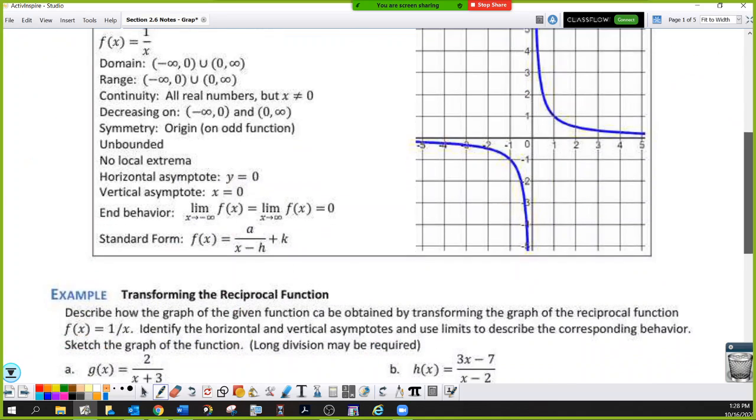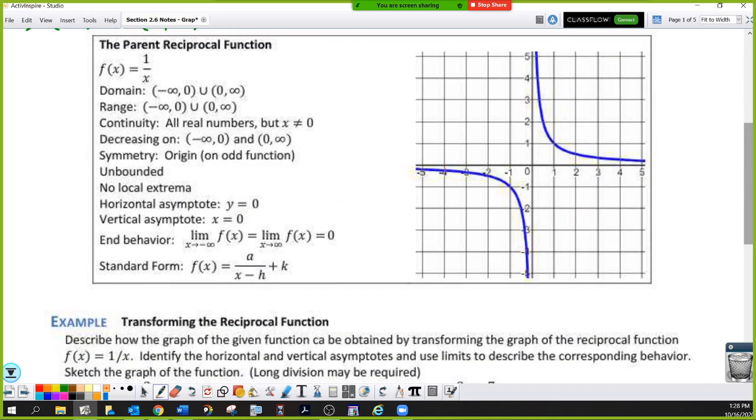All right, well, speaking of just to the left of a number going down to negative infinity and just to the right of a number going up to positive infinity, I give you the parent reciprocal function, the parent rational function. F of x equals 1 over x. Its domain is going to be everything except for the number x equals 0, because you can't divide by 0, right?